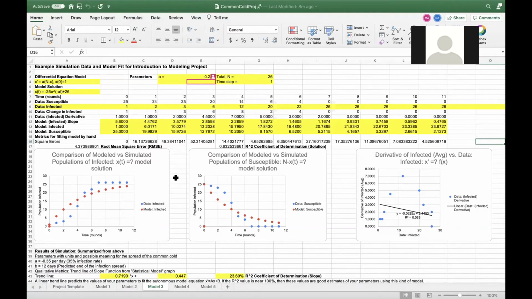Third, there is a difference in the shape of the curves. Our data has a very S-shaped curve, while the model solution is more of a smooth curve.